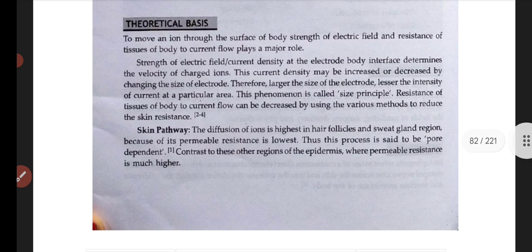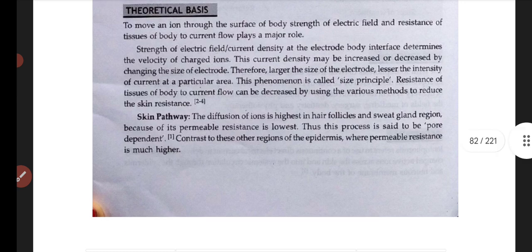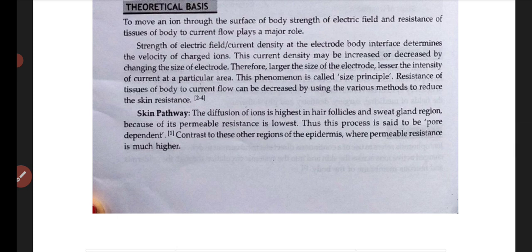This current density may be increased or decreased by changing the size of the electrode. Therefore, the larger the size of the electrode, the lesser the intensity of current. This phenomenon is known as the size principle.